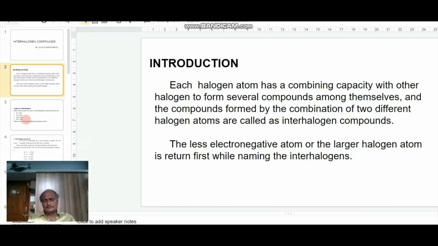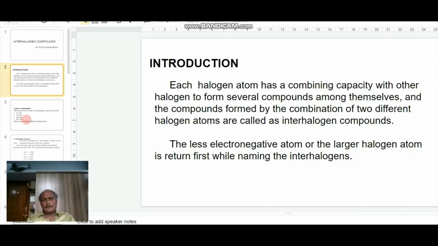The electronegativity of fluorine is higher than that of chlorine, bromine is lesser than chlorine. Likewise, iodine is again less electronegative in character.